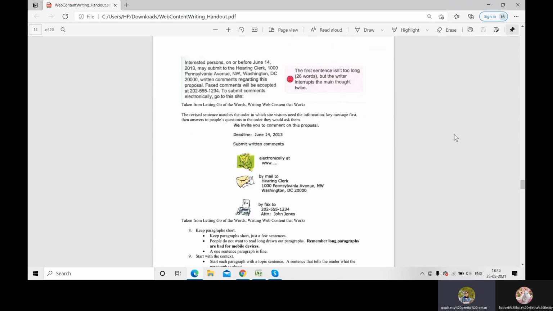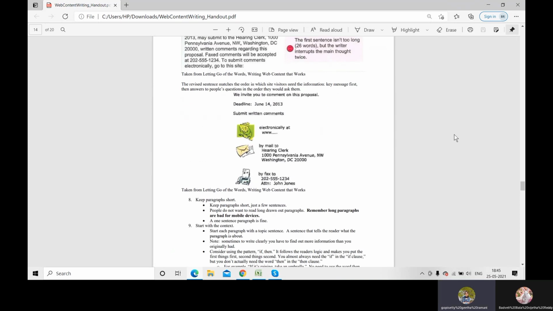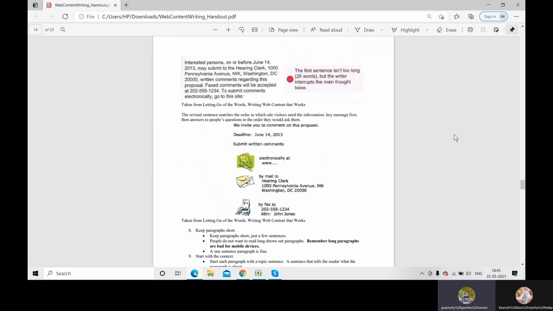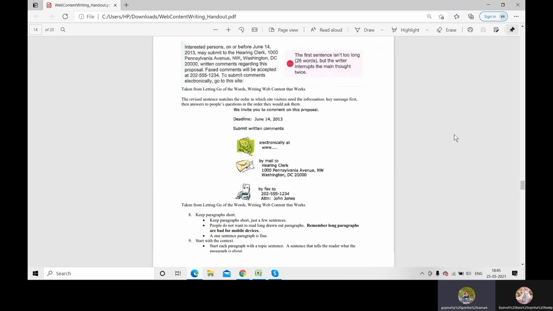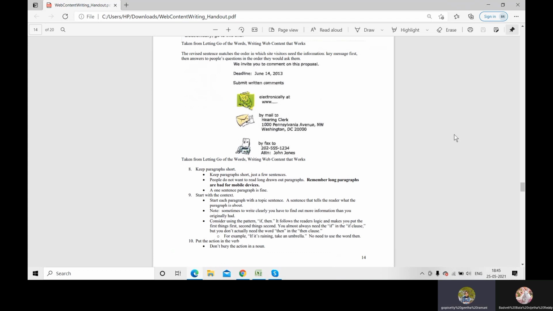The revised version matches the order in which site visitors need the information: key messages first, then answers to people's questions in the order they would ask them. So when we invite you to comment on this proposal, we ask you to submit written comments.